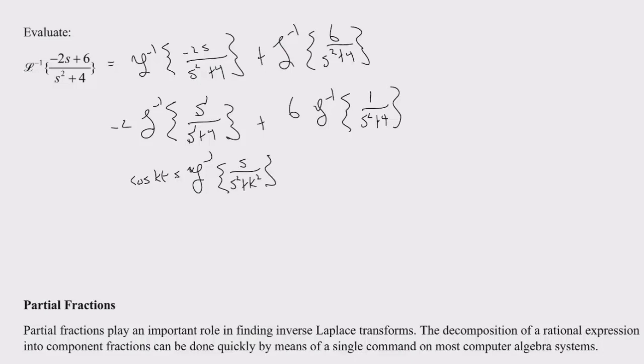And then the constant over s squared plus something fits the sine pattern. So sine of kt would be k over s squared plus k squared.